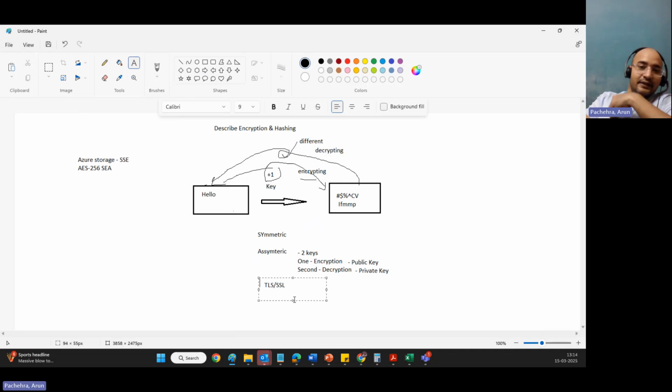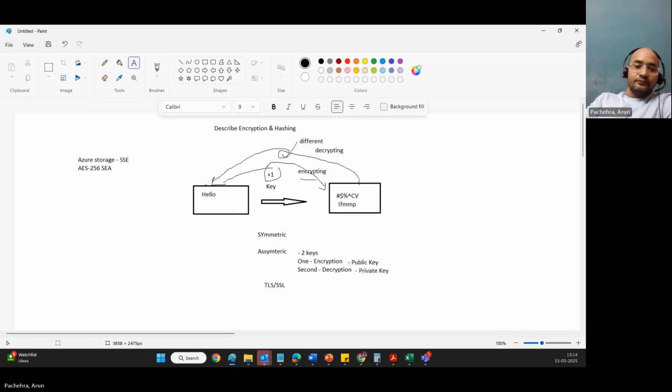When we visit any HTTPS website, our browser encrypts data using the website's public key, because the public key is used for encryption. Now the website's private key decrypts the request and processes it securely. That's how it happens. We can explain it further, but for now, we understood what encryption is with the help of a simple example. Then we understood the types of encryption with the help of these two examples.